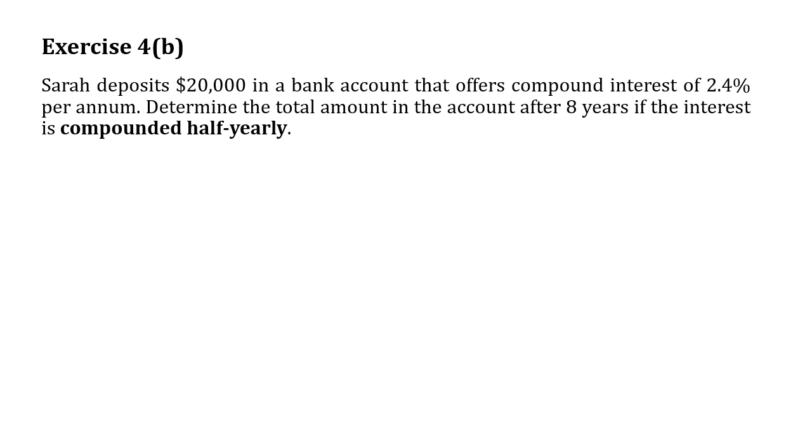Okay, let's try an example, exercise 4B. So here what we are told is it is compound interest and the interest is compounded half yearly. So when we use the formula, over 8 years, it is not N equals 8, but N equals 8 times 2. And the interest is not 2.4, but 2.4 divided by 2.